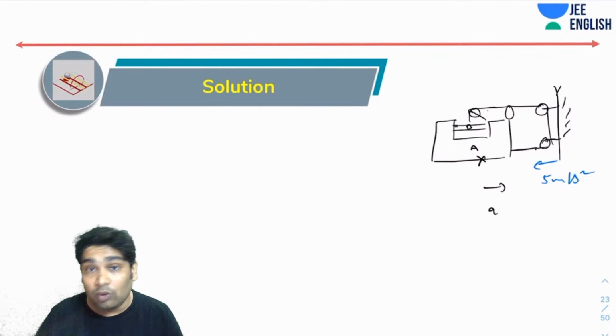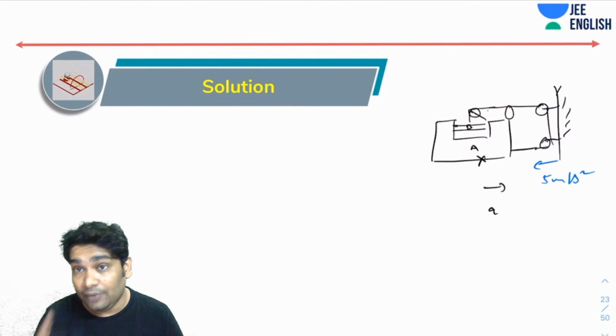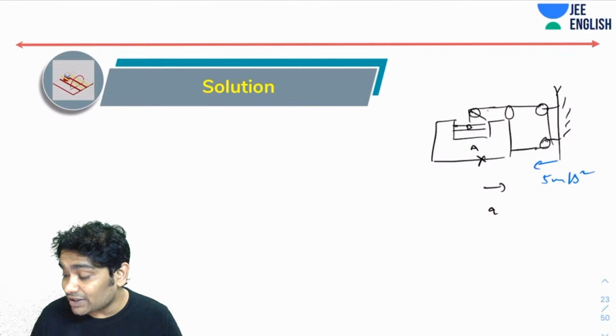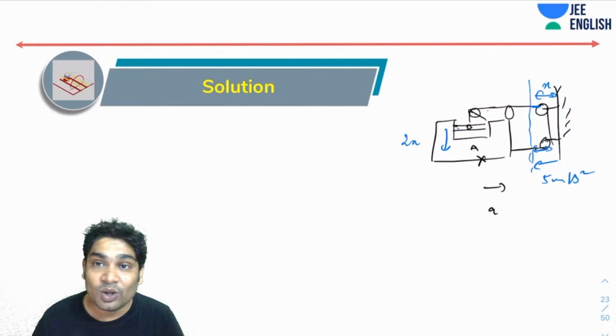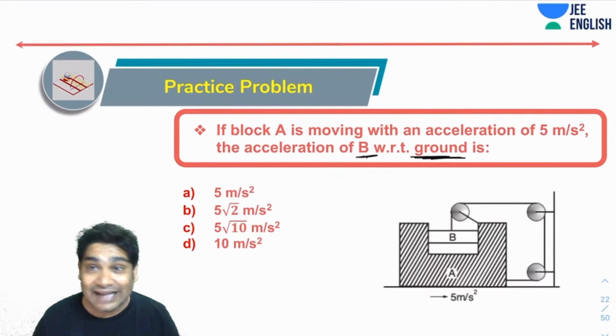If the wall comes ahead by X, you will realize there would be X string which will get vacant here, X string which will get vacant here. So this would go down by 2X. I hope you can see that.